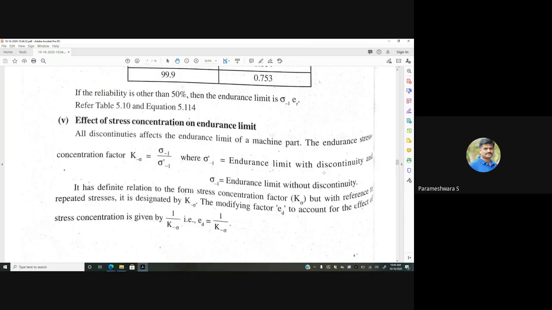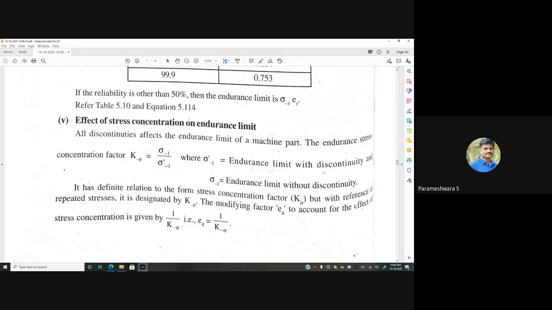So why we have considered discontinuity is we know that the stress concentration happens only in a place where discontinuity is there. So just take an example of a plate. If you apply a load to a plate, the stress is uniformly distributed. Suppose you make a hole on a plate and apply a load, the stress concentrates at the vicinity of the hole junction.